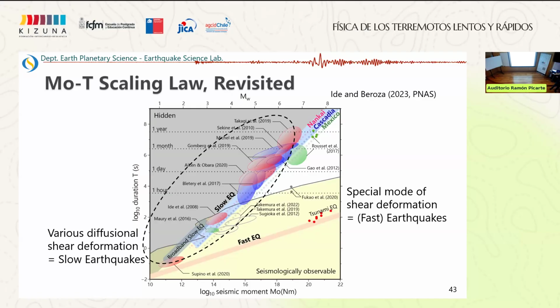But in fact, the seismic wave signature is very different. For example, we can determine the focal mechanism of tectonic low frequency earthquakes relatively well, and it is consistent with subduction motion.